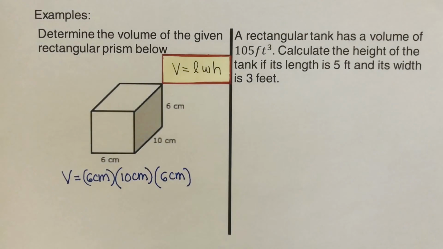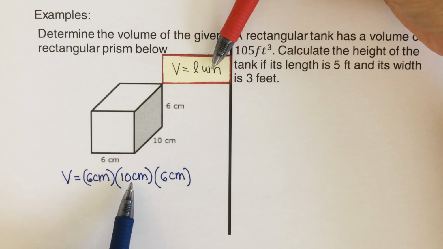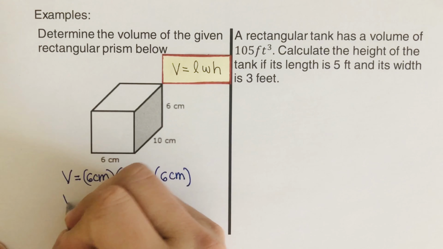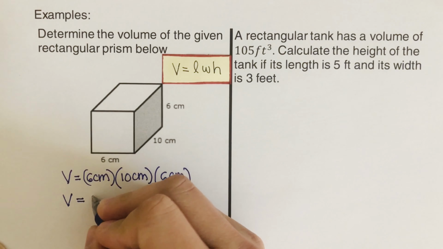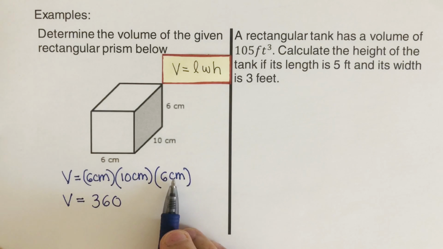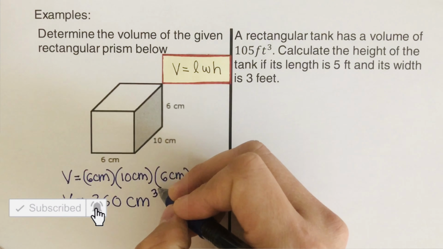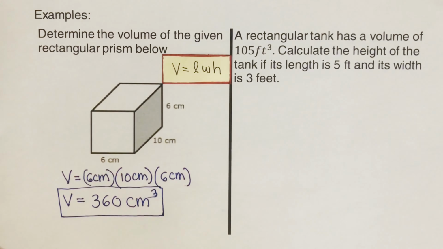So what I did was I just plugged in these values, the length, the width, and the height. Then I'm going to multiply all three numbers together to get the volume. This would be 360. Centimeters times centimeters times centimeters is centimeters cubed. So this is equal to 360 centimeters cubed.